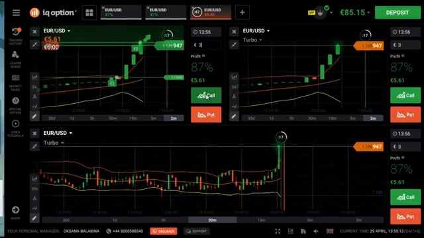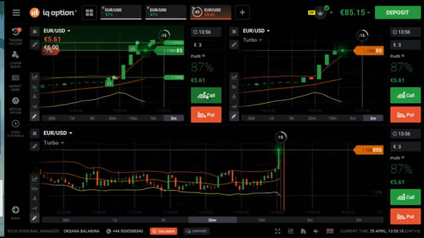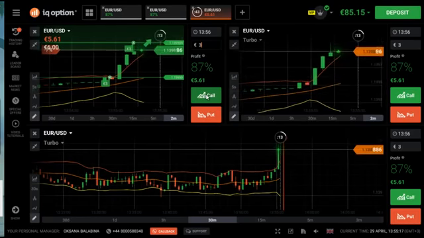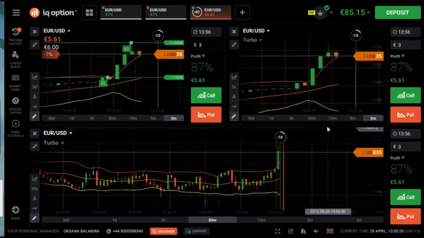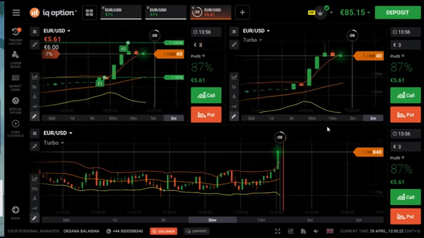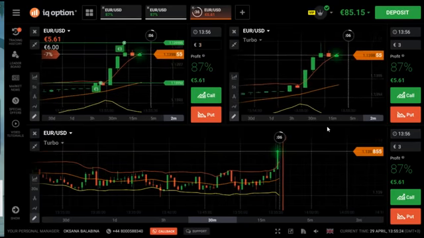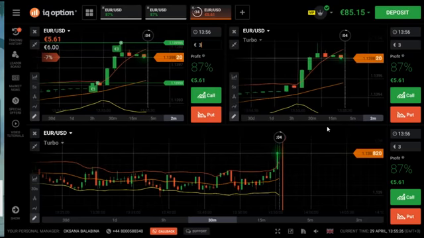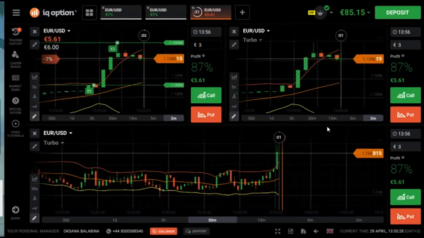See, now you look at the 30-second chart, a pretty wild growth of the greens, and that's why I lost the previous one.